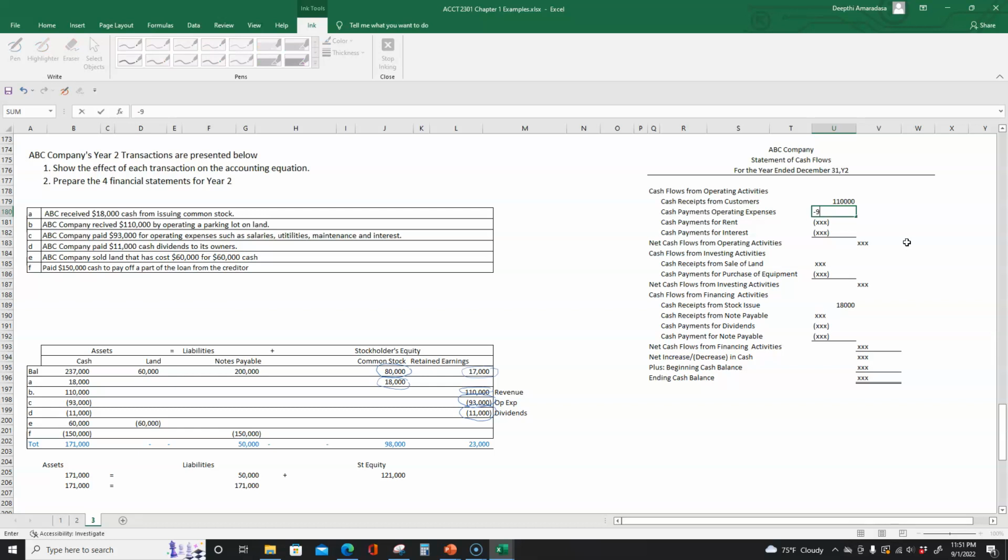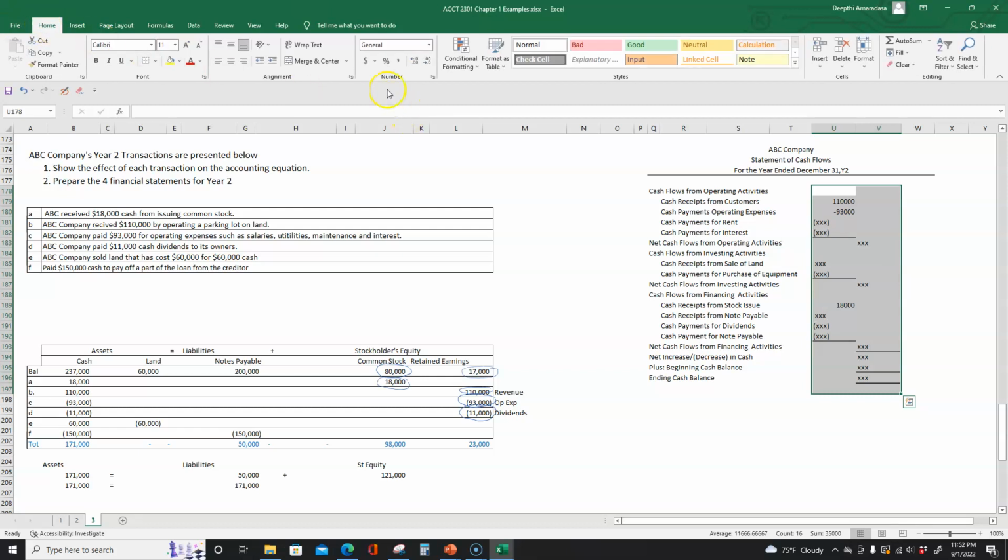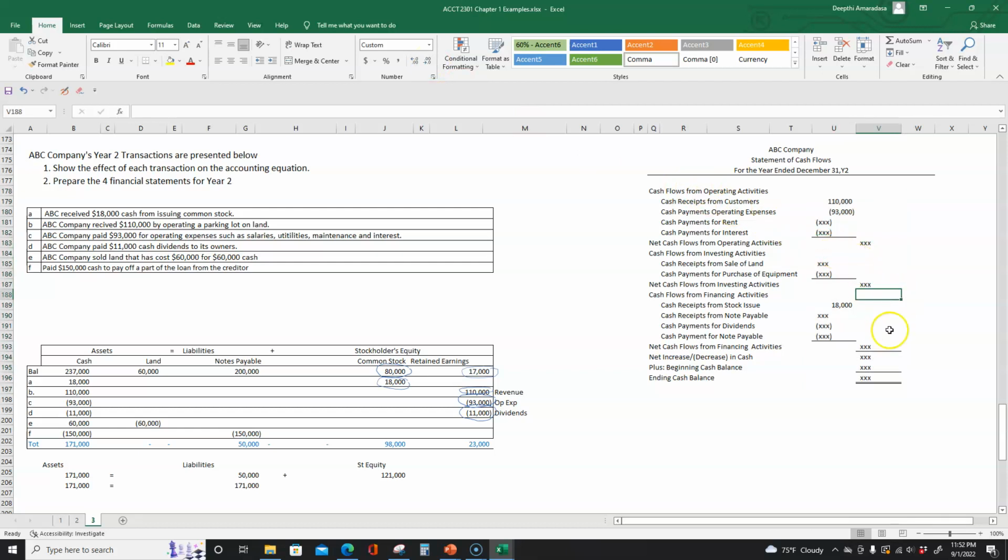I'm going to put that $93,000 as a negative number because it is a cash outflow. I'm just going to quickly change the format of these numbers so the parentheses show up and you can see that it's a negative number. There you go.